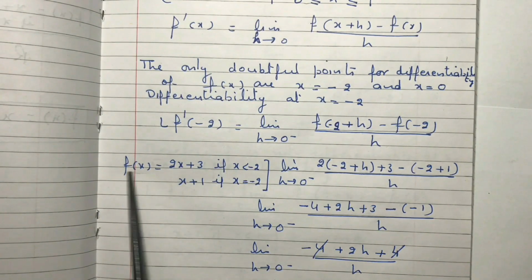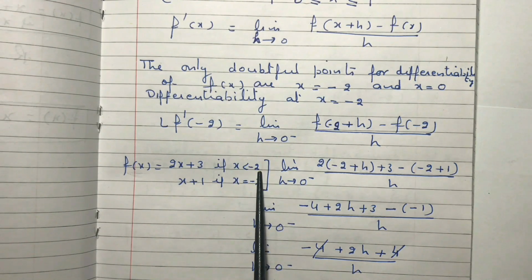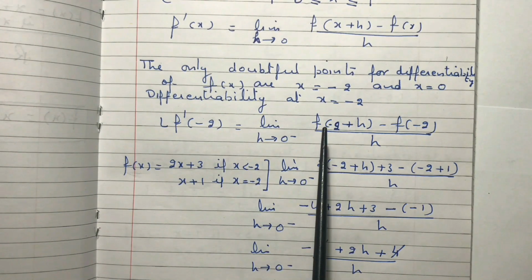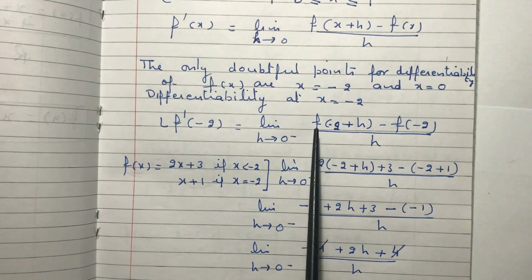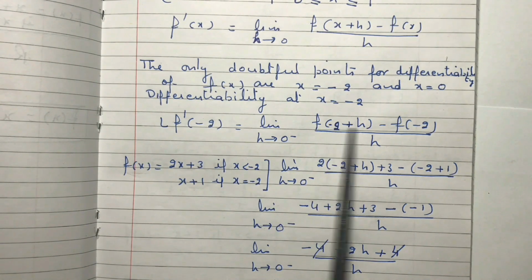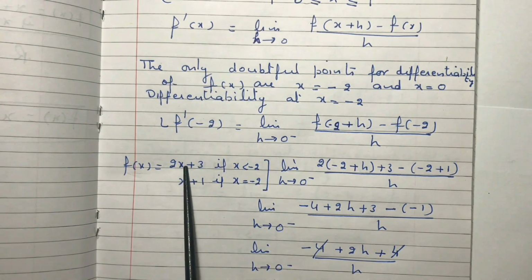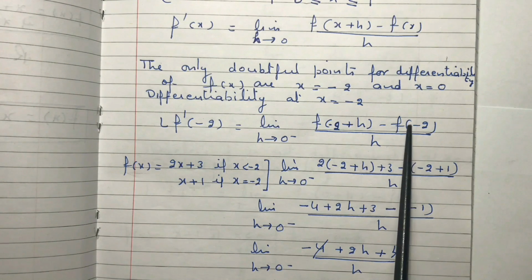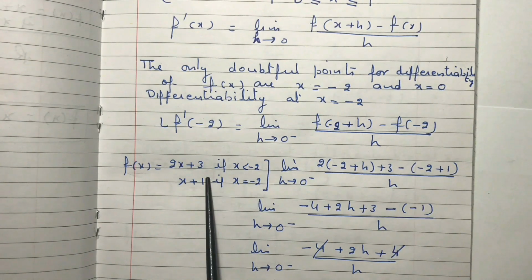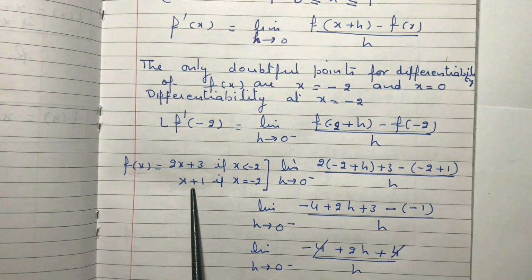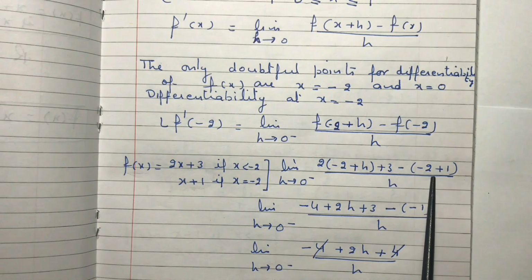Now, I have written the function here. If x is less than -2, I have taken the function 2x + 3. If x is equal to -2, I have taken the function x + 1. For the left hand derivative, f(-2 + h) is obtained by substituting this value in the function 2x + 3, so it is 2(-2 + h) + 3, minus f(-2), which is -2 + 1.